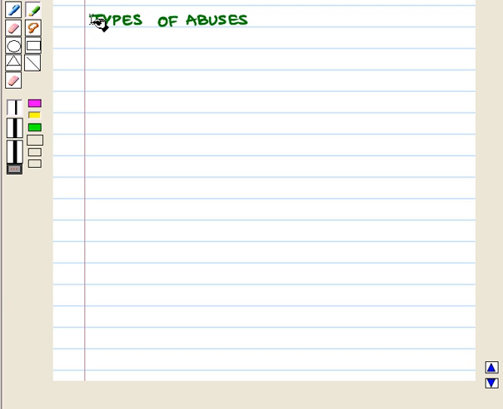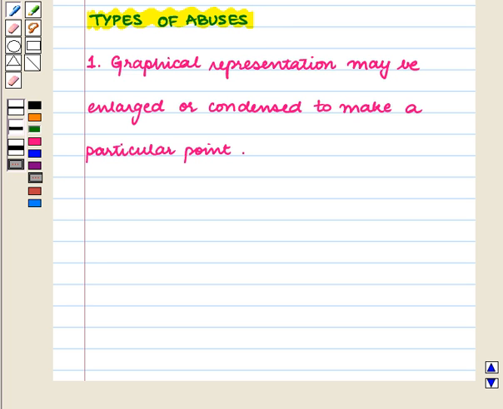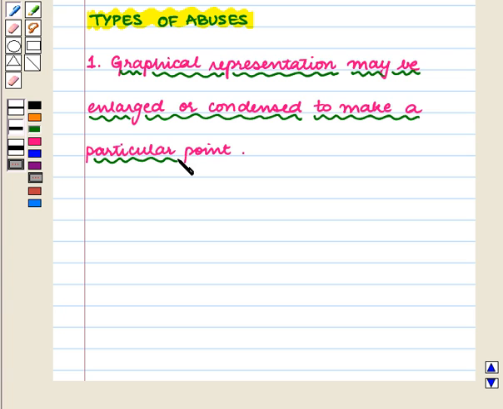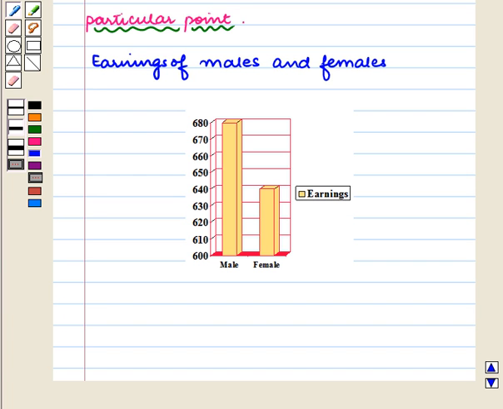Let us now discuss some types of abuses. The first being graphical representation may be enlarged or condensed to make a particular point. Let us see the following graph showing earnings of males and females.